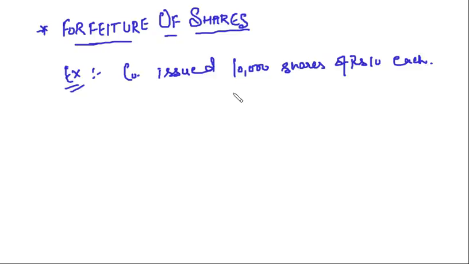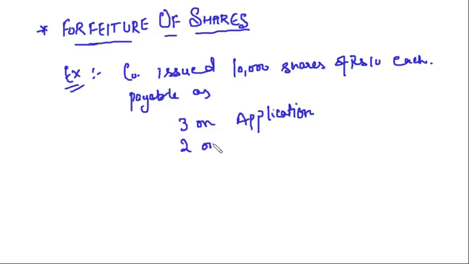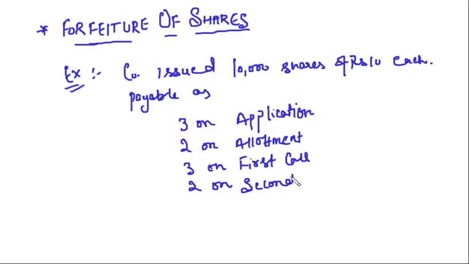They have issued 10,000 shares of rupees 10 each, payable as 3 on application, 2 on allotment, 3 on first call, and 2 on second call, right?